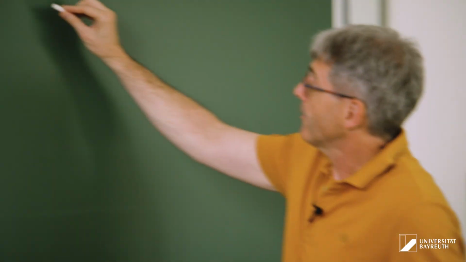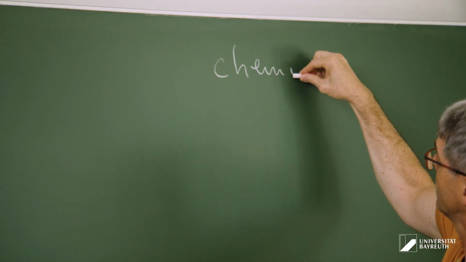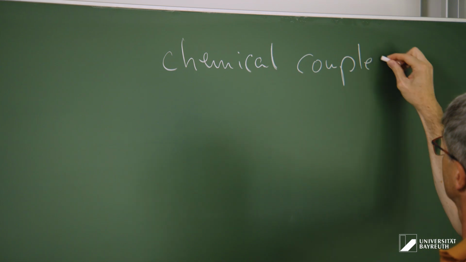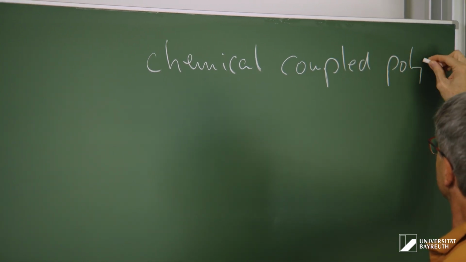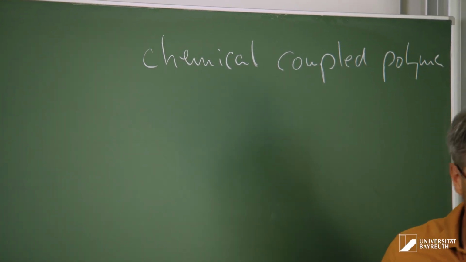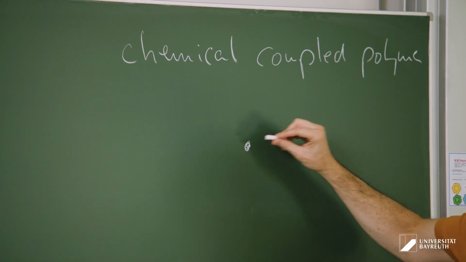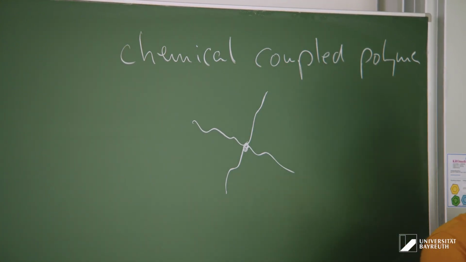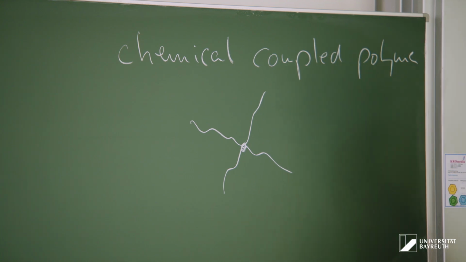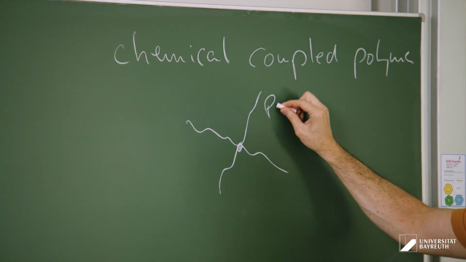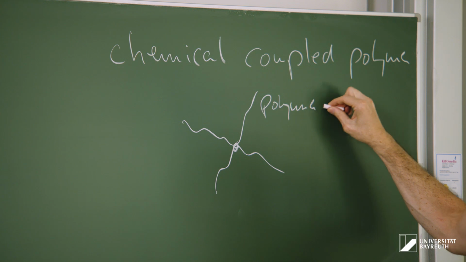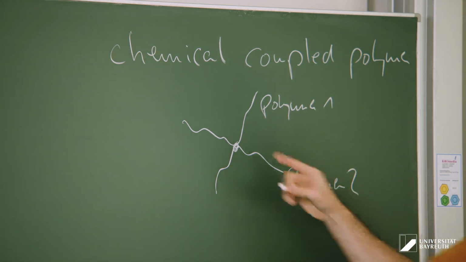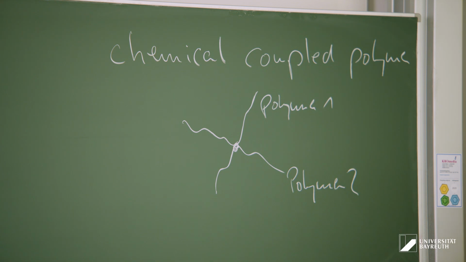In case of a chemically coupled polymer, you have an anchor point, and this anchor point will cross-link two polymer strands. So this would be polymer 1, polymer 2, and in between we have the cross-link.